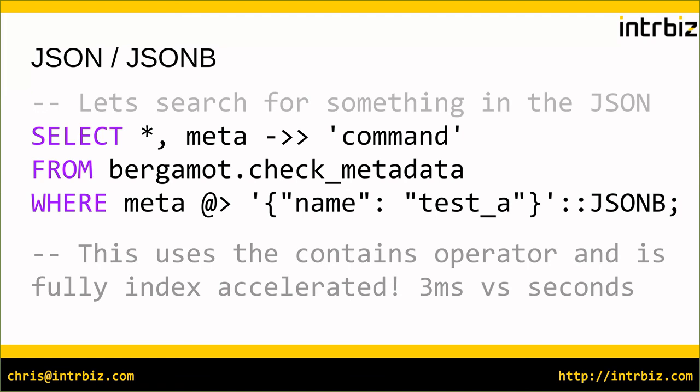If we use a different operator, this magic at-arrow thing, which is basically a contains operator, we're saying: does my JSON document contain a field name with the value test A? That is fully index accelerated, and on my machine, with the same data set, takes 3 milliseconds. So that's 1,000 times plus faster to execute that query.